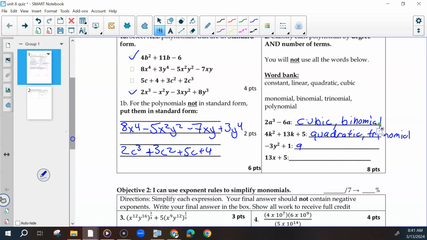A quadratic binomial. And then a linear binomial. Those were right or wrong for a total of 8 points. Questions on those?